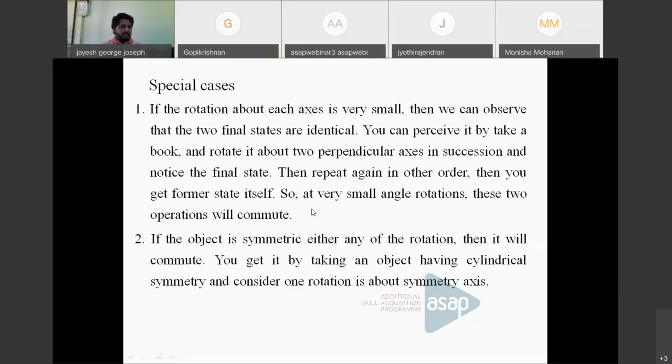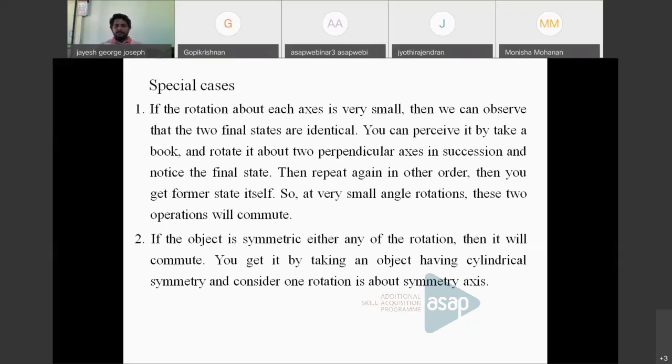As an example, I am taking a small object, with this axis taken as its x-axis. Initially I am rotating by a very small angle about the z-axis, like this is the position, and then rotate about the x-axis like this.